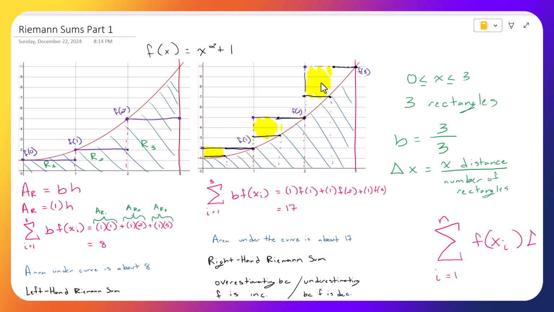Well, let's try it again. This time, let me choose brown. Let me make it 12 rectangles now. So if I'm doing 12 rectangles, I'm splitting it in half again. This is going to take me a little bit to draw.